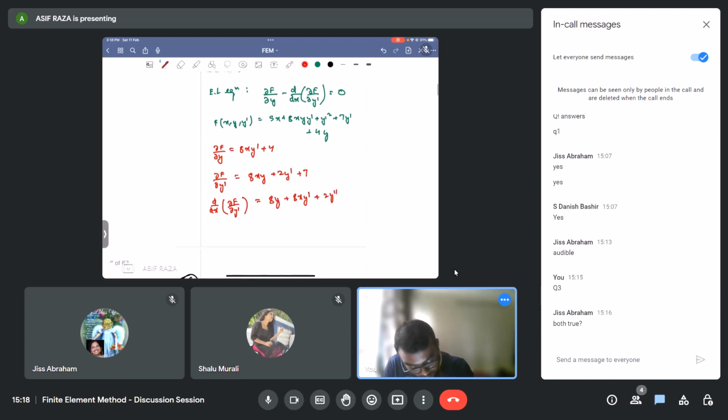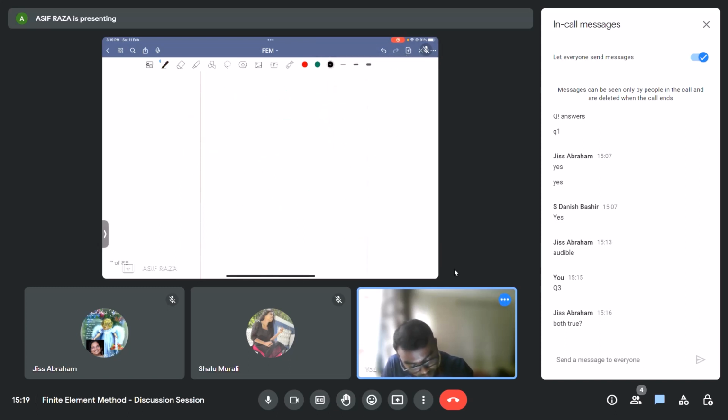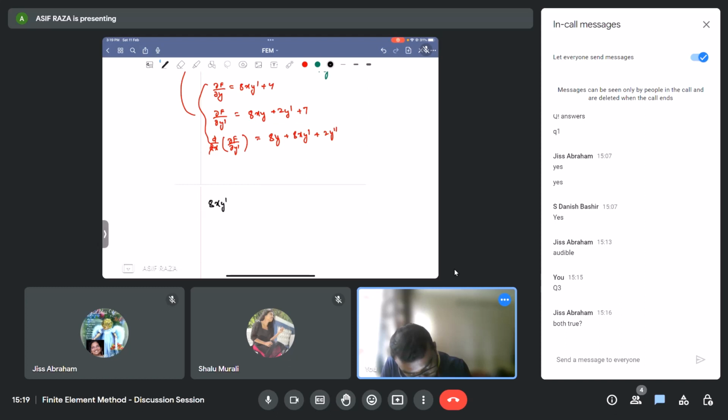Okay, so substituting this into the Euler-Lagrange equation, we get: del f by del y is 8xy plus 4, minus d by dx of del f by del y prime, so that will be 8y plus 8xy prime plus 2y double prime, equal to 0.